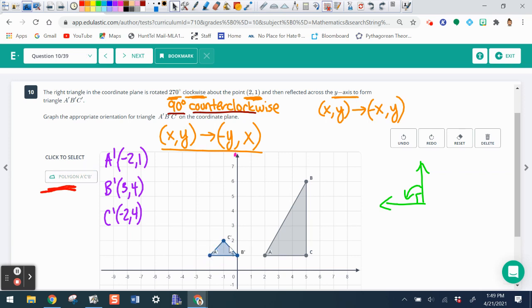And then if you notice, it went ahead and graphed the entire triangle, but obviously we need to move these points. So we're going to go ahead and grab C prime. I just clicked on it, and I'm going to move it to (-2, 4). And then I'm going to click on B prime, and I'm going to move it to (3, 4). So again, we rotated 90 degrees counterclockwise and then reflected it across the y-axis. So that is number 10. Let's move on to number 11.